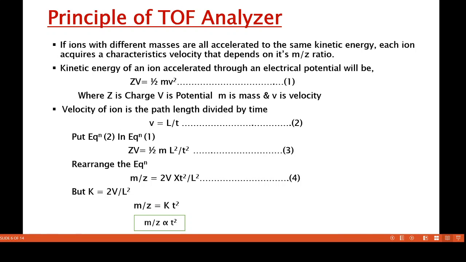What we say here is that m by z of the ions that strike the detector after traveling the path L is directly proportional to the square of the time. That means the variation comes in time. Hence the name is TOF mass analyzer.